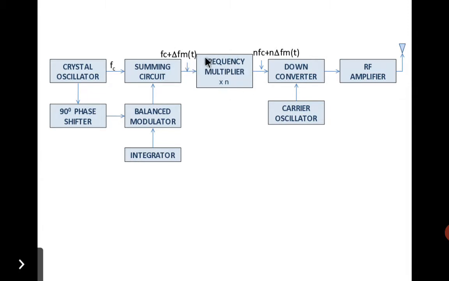So Fc plus delta Fm of t, multiplied by n, gives n into Fc plus n into delta Fm of t. To obtain the precise frequency, it then has to be given to a mixer or a down converter circuit, and this signal has to be raised to the specific amplitude required for transmission by using an RF amplifier section or the power output section. That is all about the FM transmitter using the indirect method.